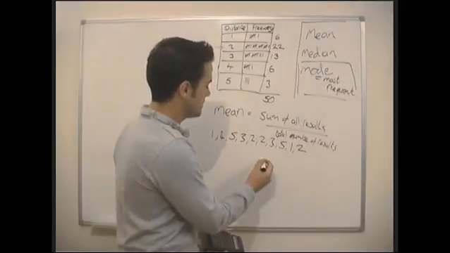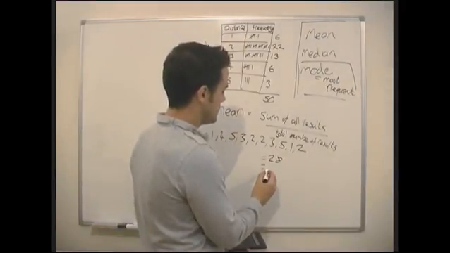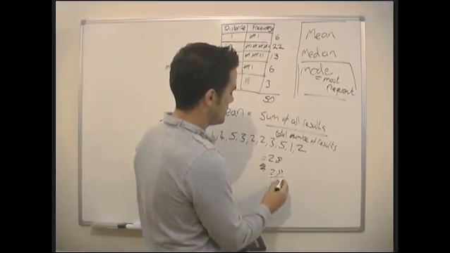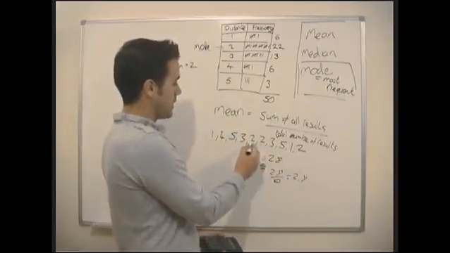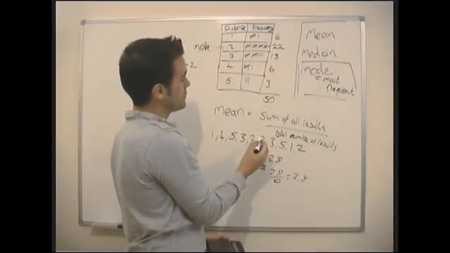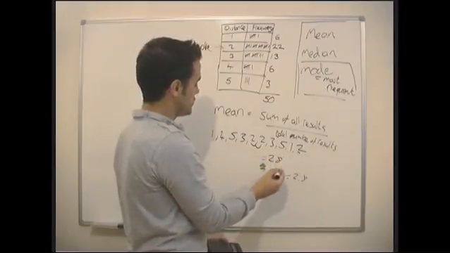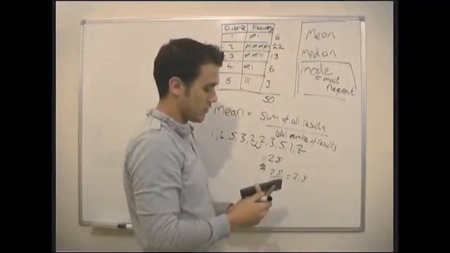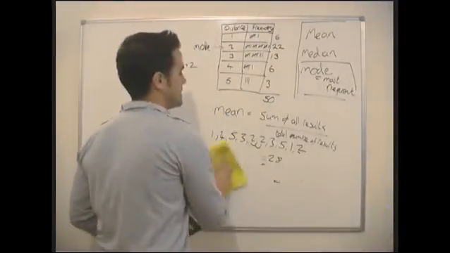In this case, you'd get 28 as a total, and then 28 divided by 10 will give you 2.8. Okay, but like here, we could have written them all out, or we could do 3 times 2, and so on and so on. So that's mean, that's median, and that's mode.